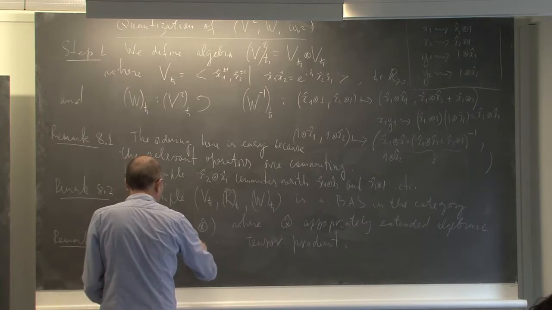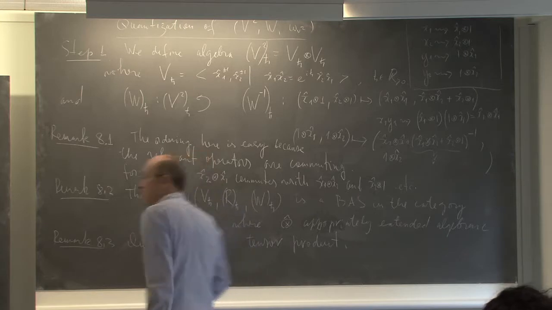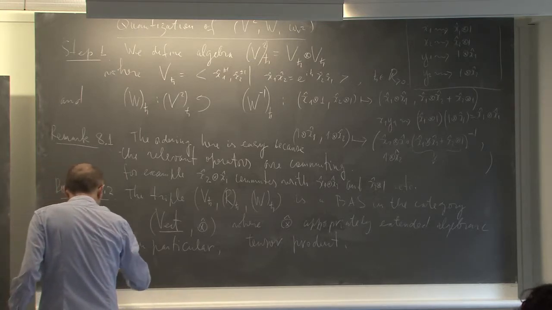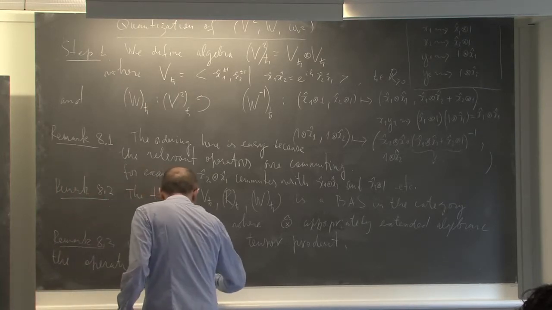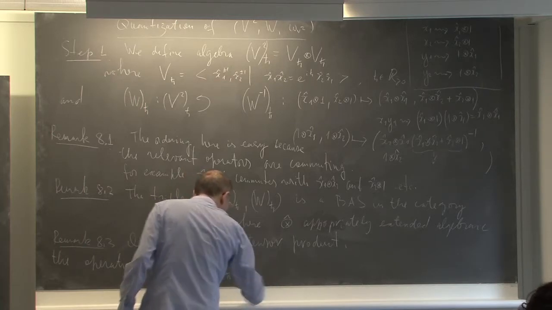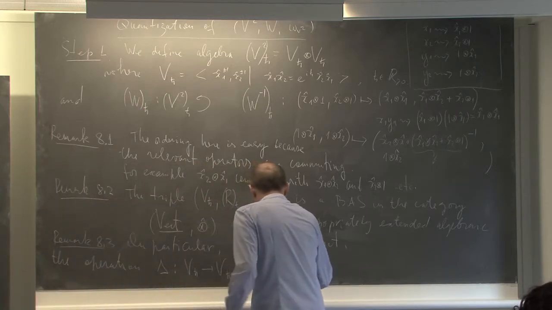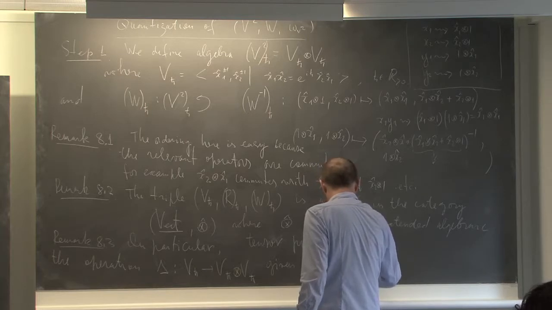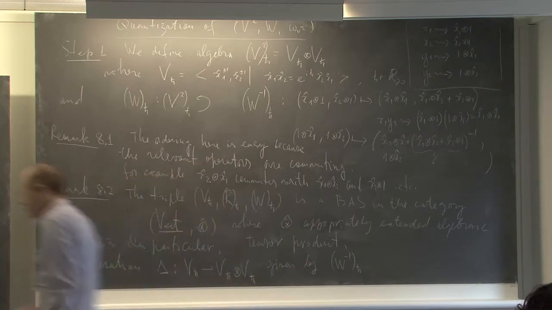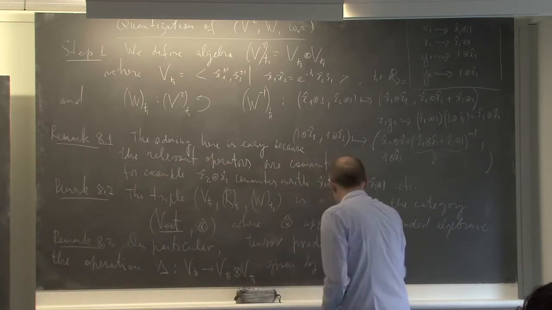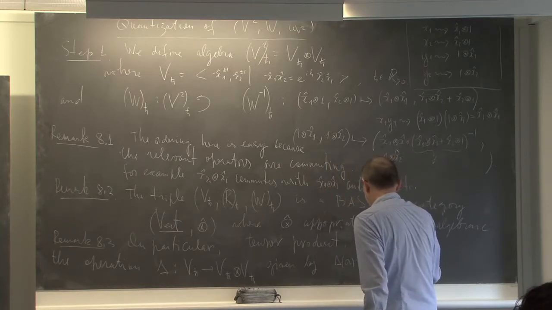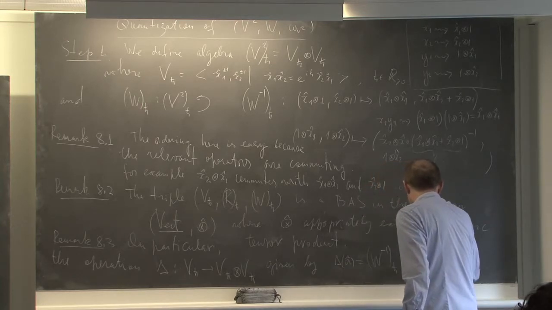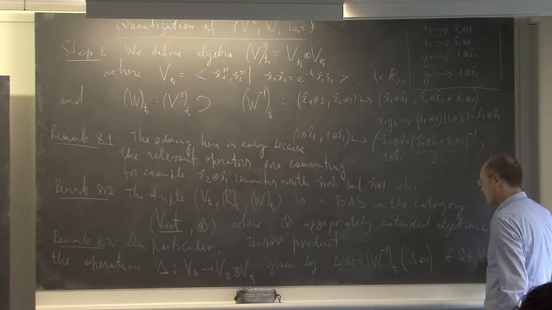In particular, the operation delta, which maps V sub h bar to V sub h bar tensor V sub h bar, I write it explicitly, given by delta of A hat is given by w minus 1 sub h bar, A hat tensor 1, for any A hat in V sub h bar.